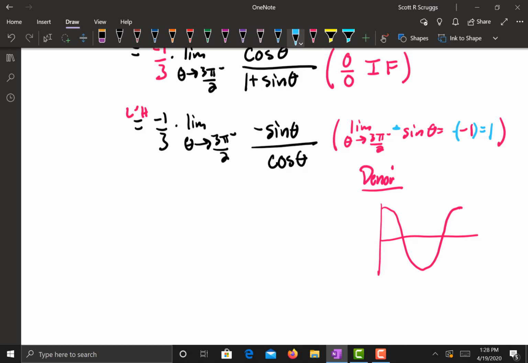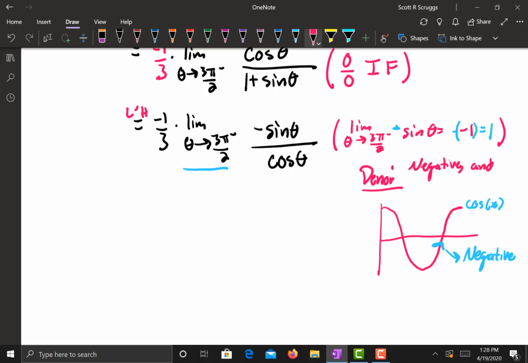First, I note that I'm approaching 3 pi over 2 from the left, which means that value for theta is coming in this direction. And in that term, I'm negative. So for my denominator, I'm negative.